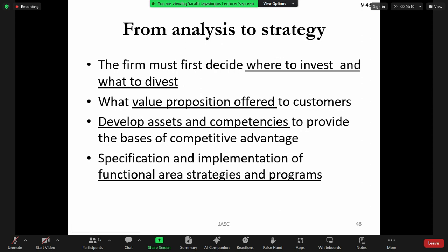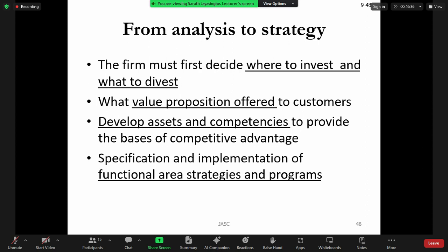From analysis to strategy, the firm must first decide where to invest and what to divest. You know that when we analyze everything like this, internal analysis and external analysis, you can think about where to invest. Now you know everything within the company as well as outside the company.